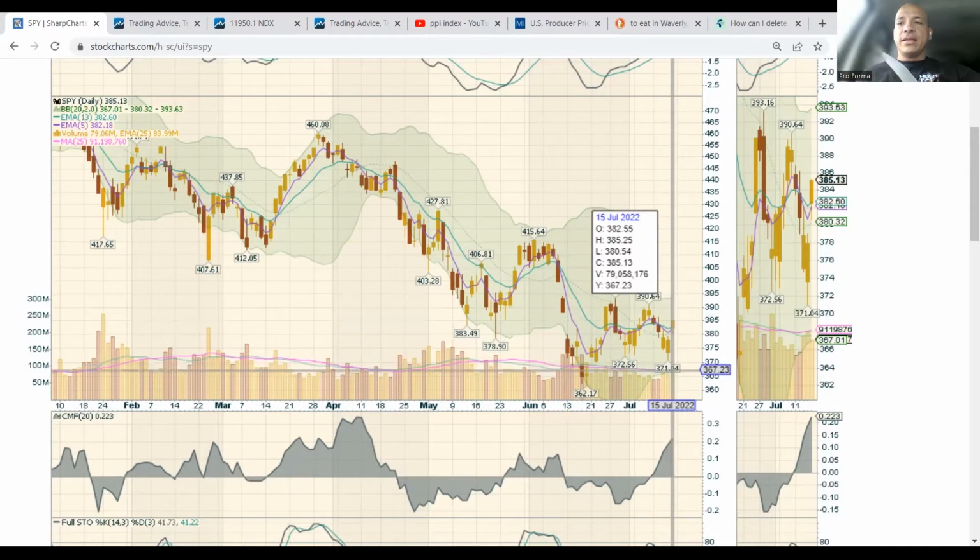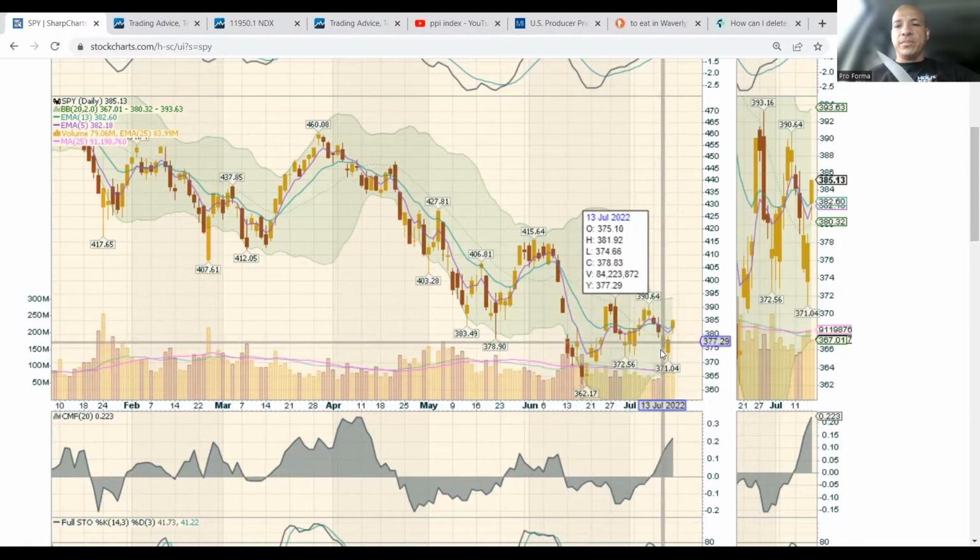Okay, so that's basically that part, and you just have to have that logged in the back of your mind in order for you to feel comfortable with what you're trading, what you're looking at, what you're doing, and it's kind of like leaning.